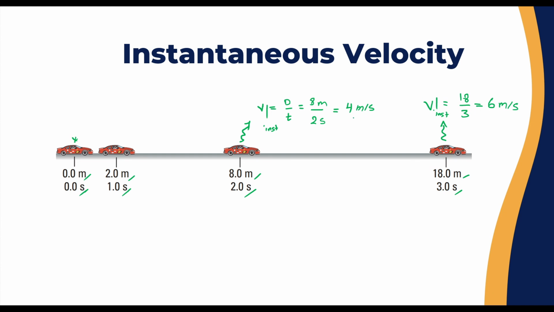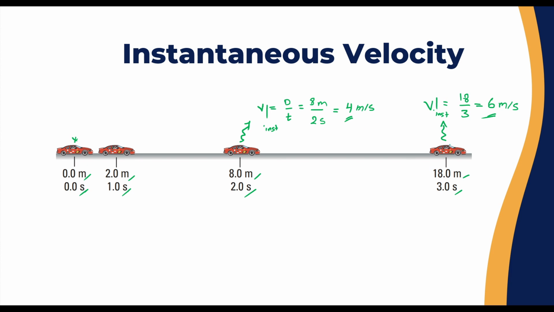And you can see here the instantaneous velocity or instantaneous speed differs at each moment you pick, unless the speed of the vehicle is constant. In many cases, the speed of the object is constant. We know this car is moving 4 meters per second from the moment it hit 2 meters all the way to 18 meters.